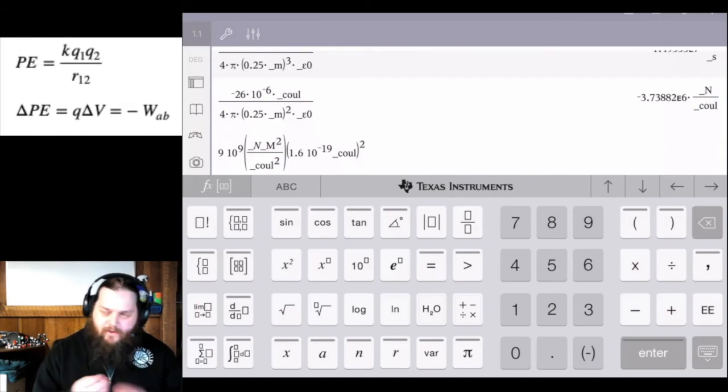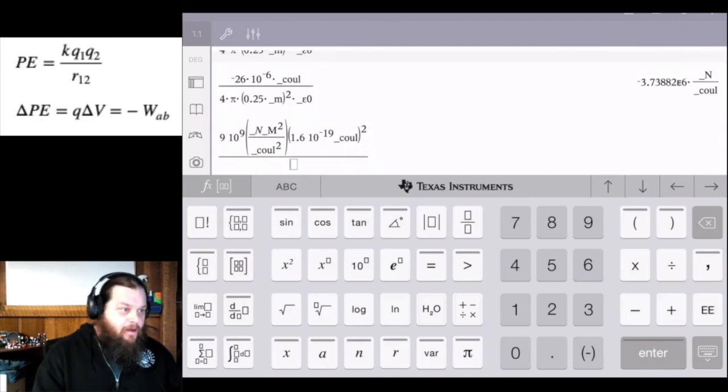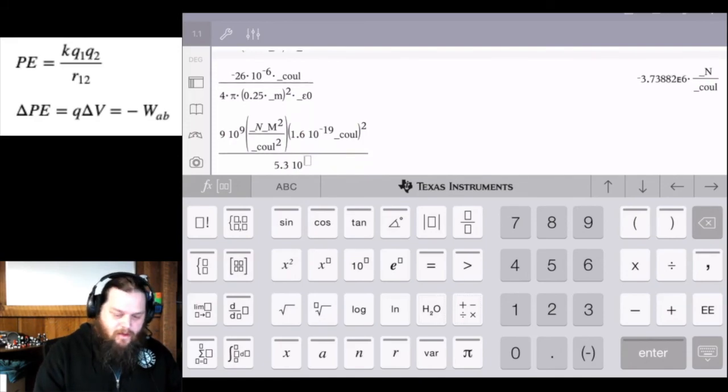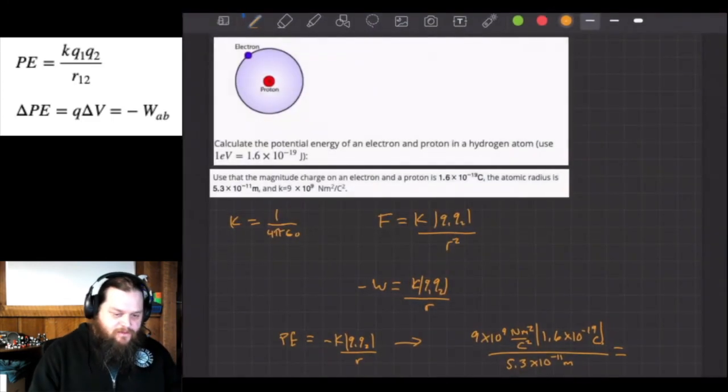I know one's negative, one's positive, but once you square them, it's always going to be a positive value. We're taking the absolute value, really, so that's why it's a positive value. We're going to divide that by 5.3 times 10 to the negative 11 meters. And that's going to be equal to 4.35 times 10 to the negative 18 joules.